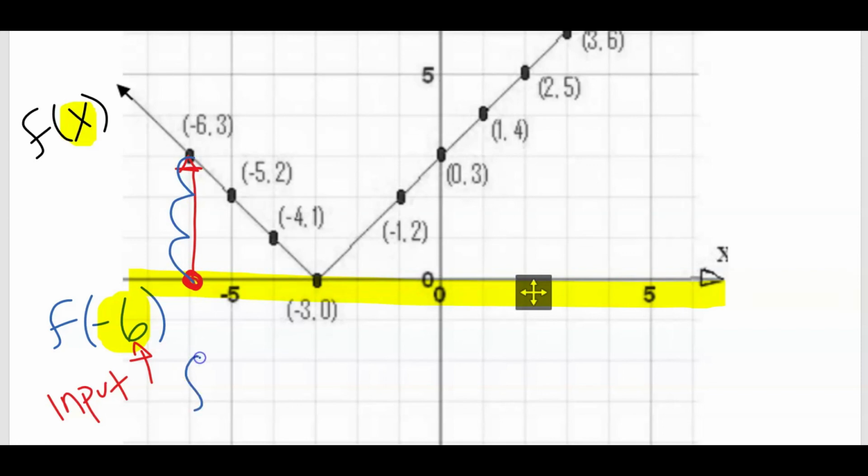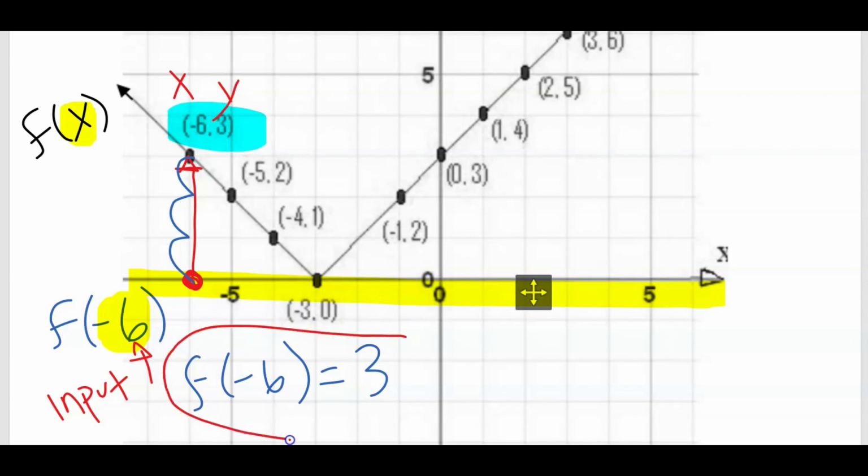So f of negative 6 on this graph equals 3, and you can see that as the ordered pair negative 6, 3. They actually have that ordered pair right there. Okay, so when x equals negative 6, what is the y value of that graph? It's positive 3.